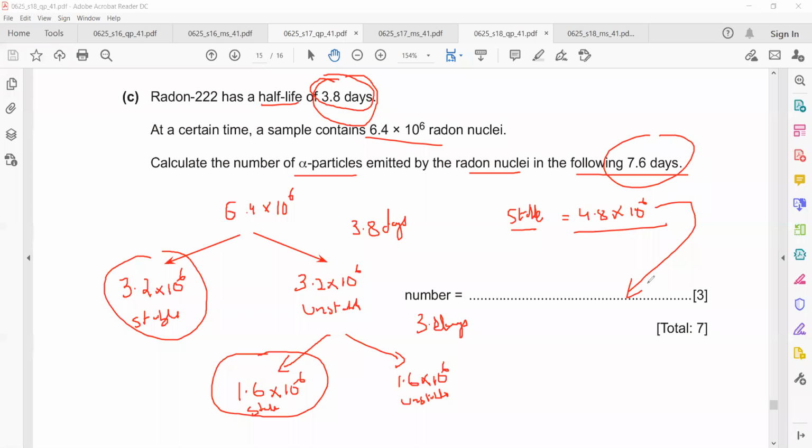The number of alpha particles emitted depends on how many atoms become stable. First 3.2 exponent 6 becomes stable, so this is the number of alpha particles emitted. Then 1.6 exponent 6 becomes stable, so this is the number of alpha particles emitted. So the total will be 4.8 exponent 6.